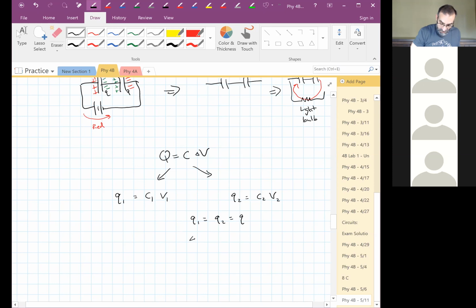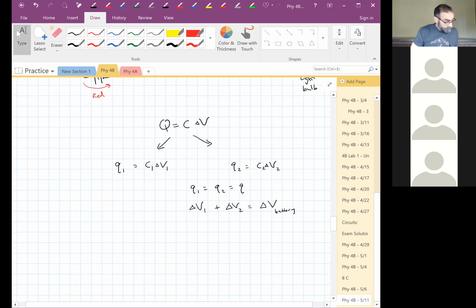And I know that the delta V across 1, I should really put deltas in here, sorry about that, plus the delta V across 2 is delta V on the battery. And so if I take this equation for voltage, then what is V1?